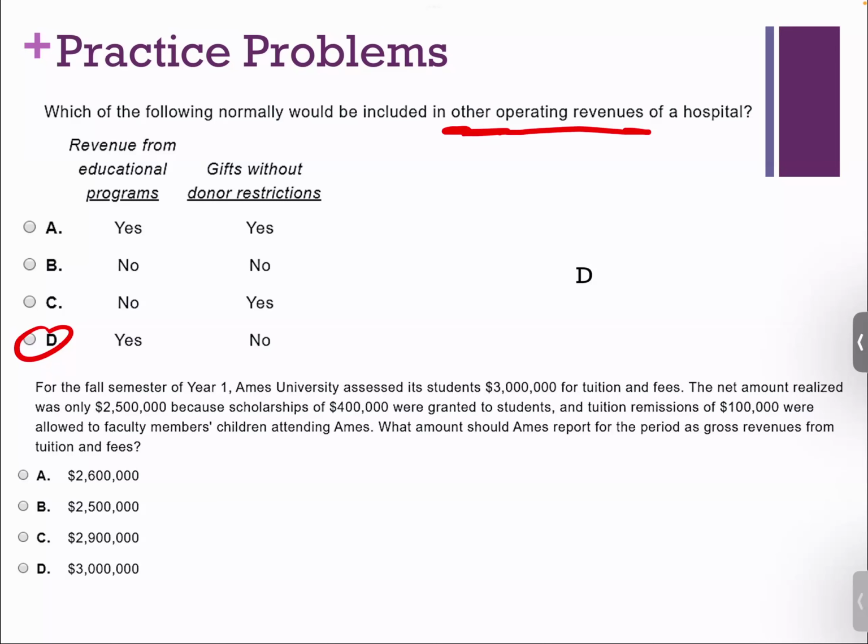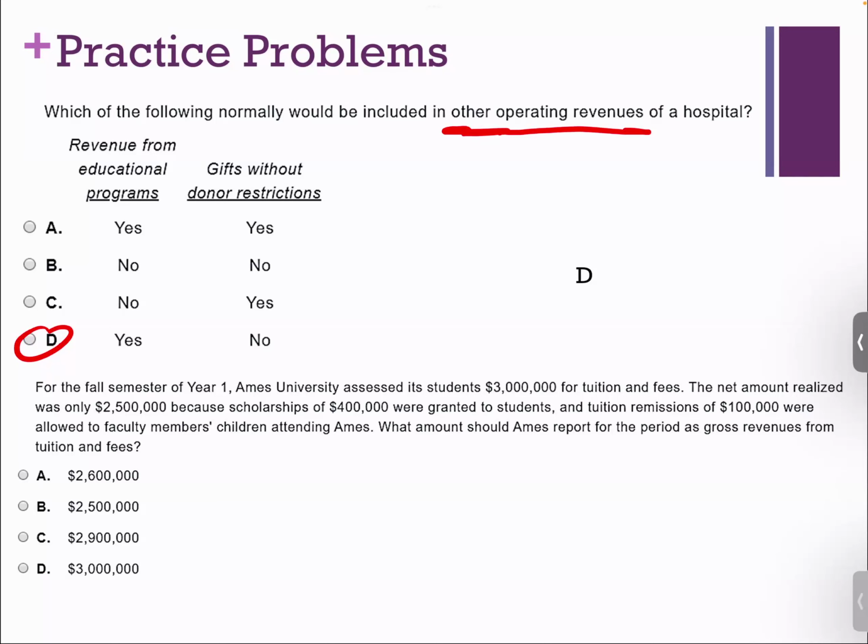For the fall semester of year one, Ames University assesses students $3 million for tuition and fees. The net amount realized was only $2.5 million because scholarships of $400,000 were granted to students, and tuition remission of $100,000 was allowed to faculty members' children attending Ames.